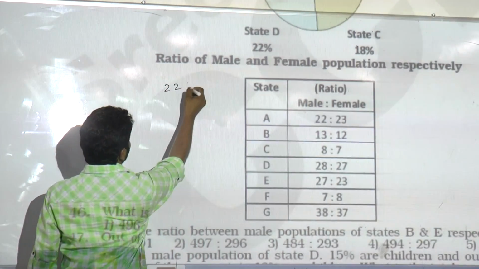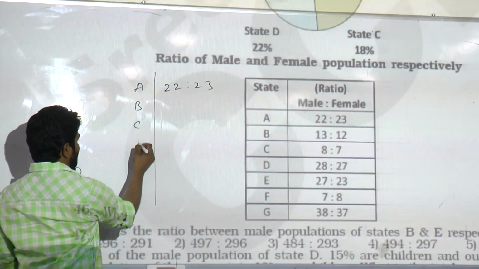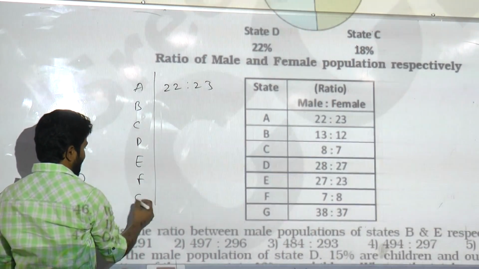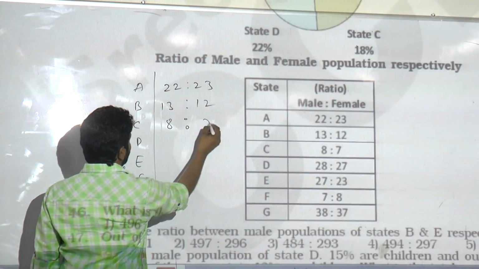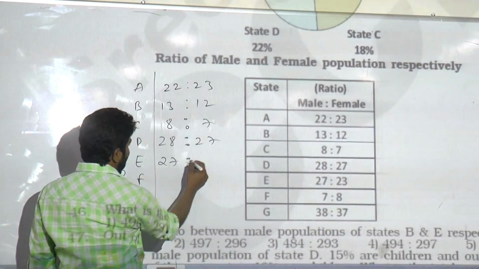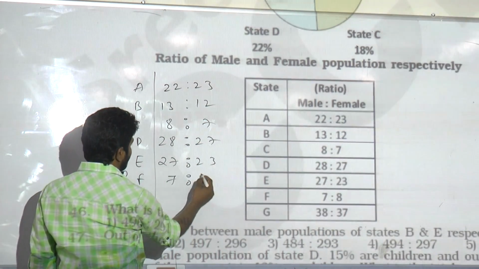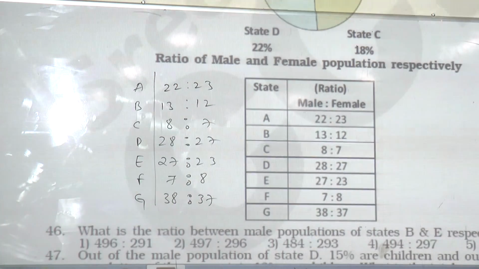So it is 22-23, A, B, C, D, E, F, G. B, 13-12, 8-7, 28-27, 27-23, 7-8, 38, 37. Right.